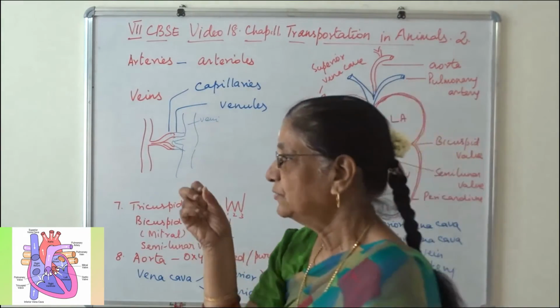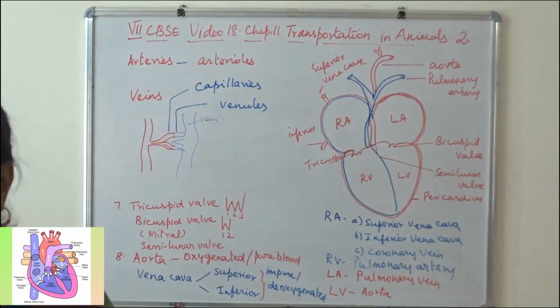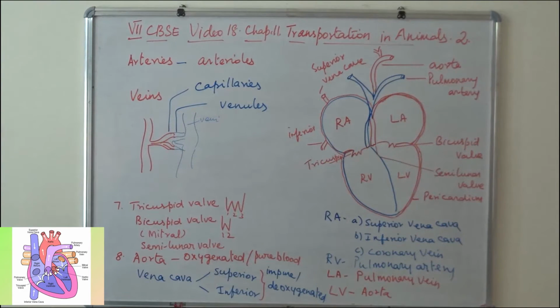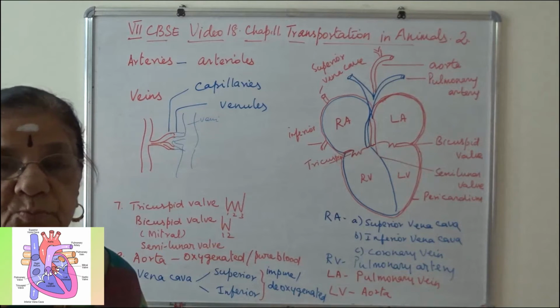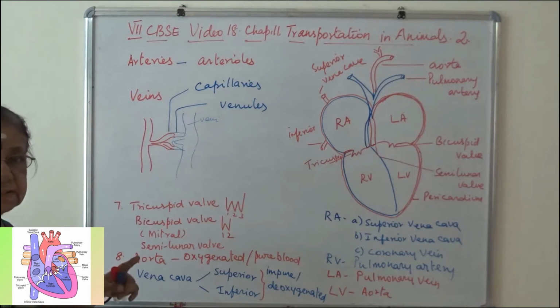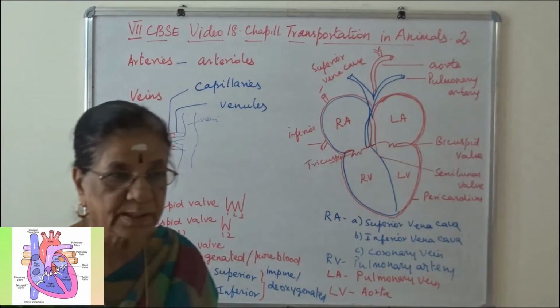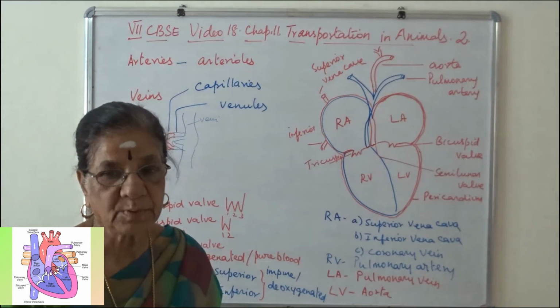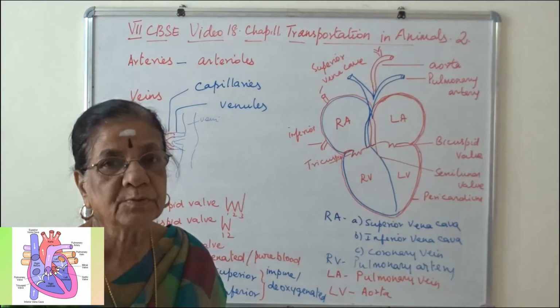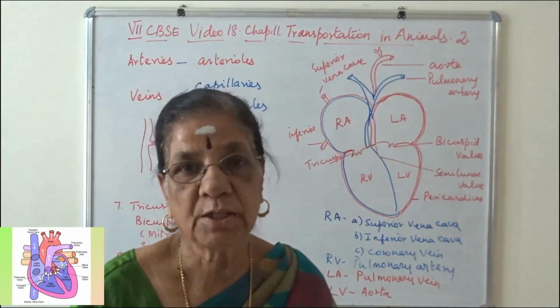So now we say blood vessel. The major blood vessels are aorta, distributing oxygenated or pure blood to various parts of the body through arteries. Same way, veins collect impure or deoxygenated blood from various parts of the body and reach the heart.